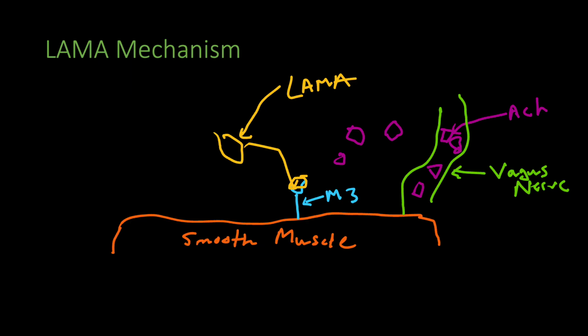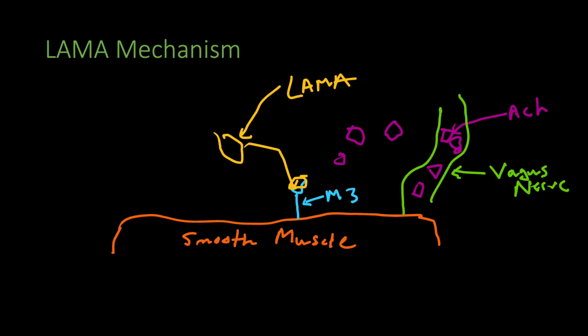receptor and cause bronchoconstriction. But when we use LAMA, for example tiotropium, it's going to bind to M3 and block acetylcholine from binding to the M3 receptor.